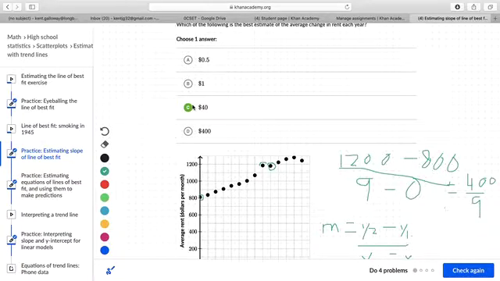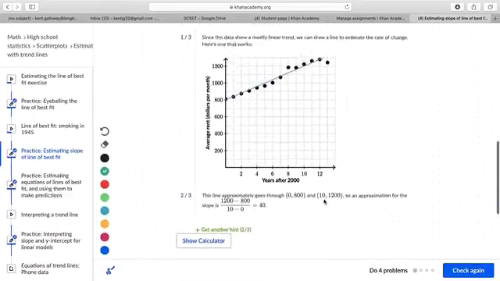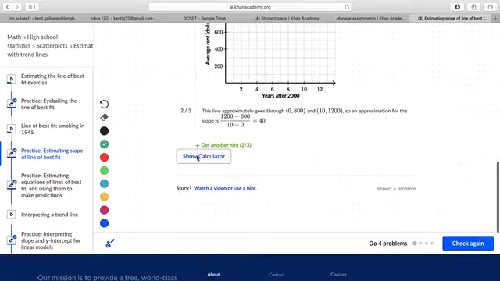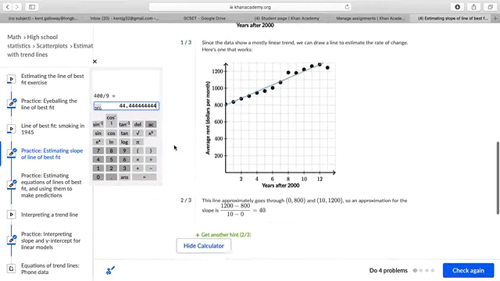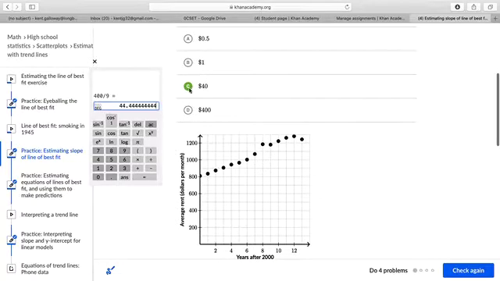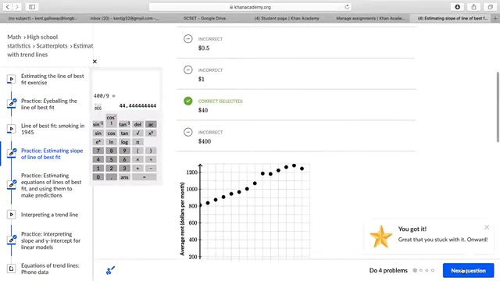It's $40 right here, because 400 divided by 9 equals about $44. So it doesn't have to be perfect, so it's about $40 per year.